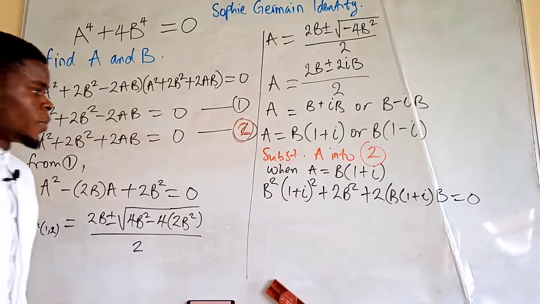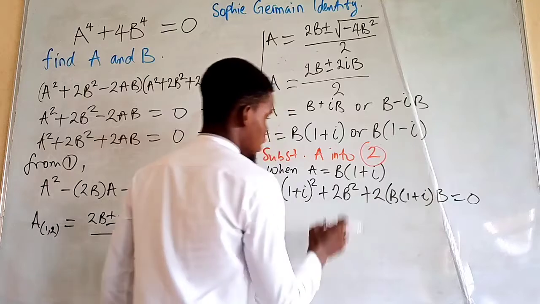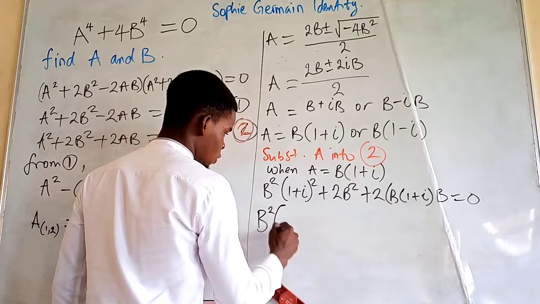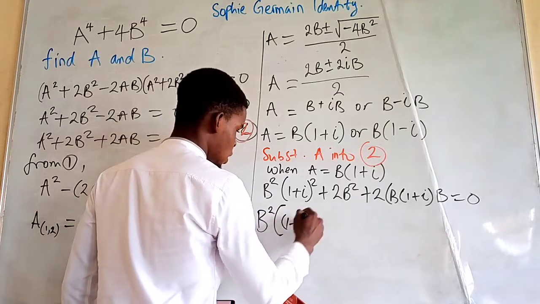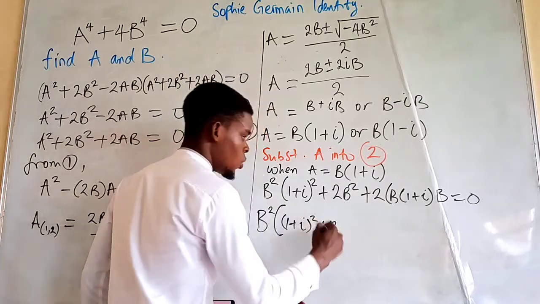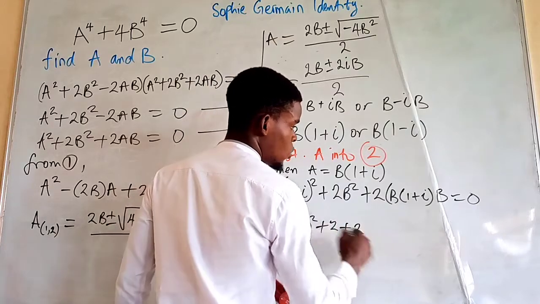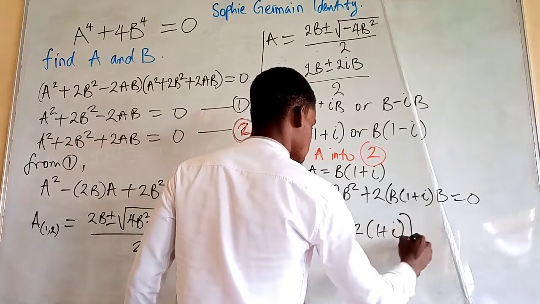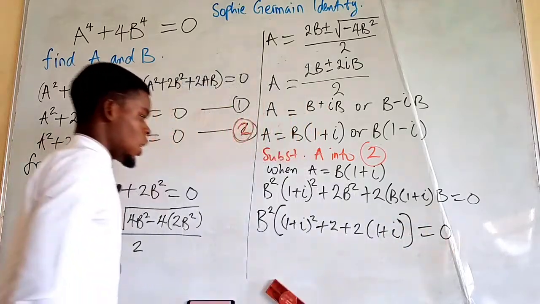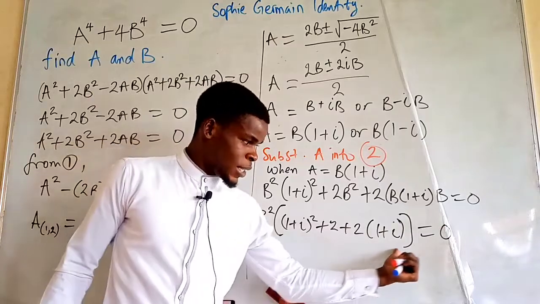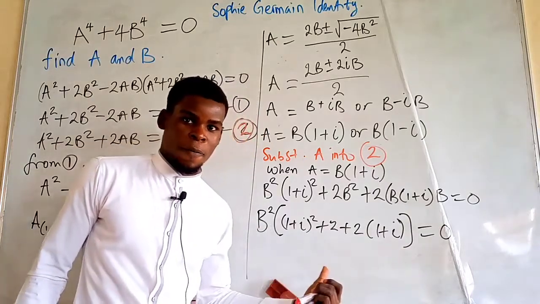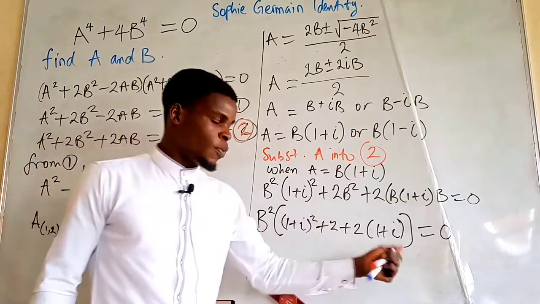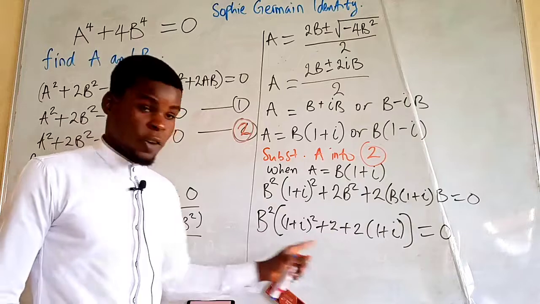Okay, from here we can just see that this is b squared, and we can just factor that. We're going to have that b squared is, out of the bracket, you have 1 plus I squared, okay, plus 2, b squared will be out, 1 plus I, alright, and we just equate this to 0. Now, looking at this expression right here, there's no way it's going to be 0. So, we're having the product of two terms, b squared and this, to be 0. It follows that any of them will be 0.